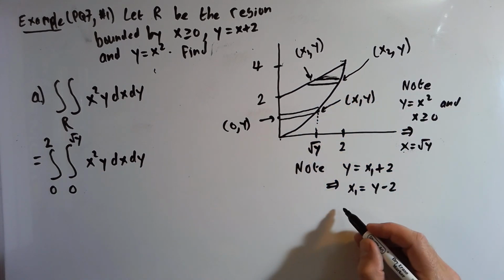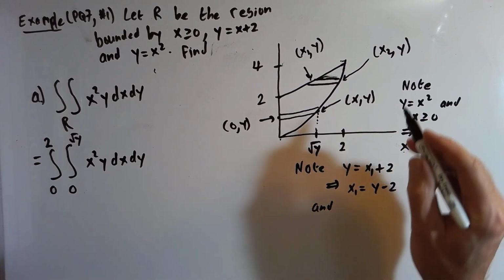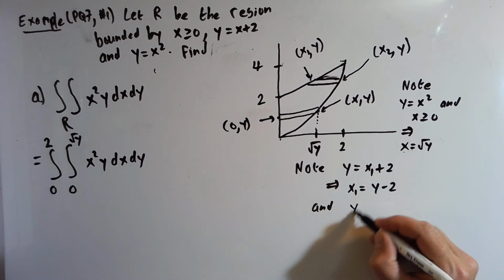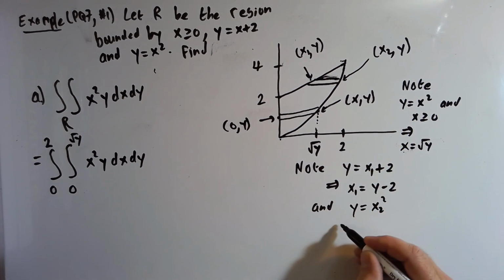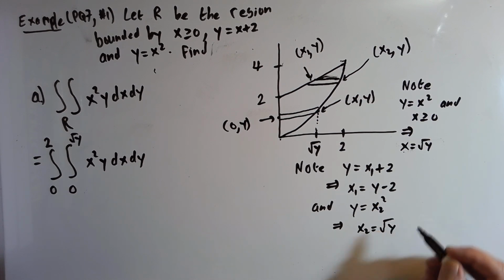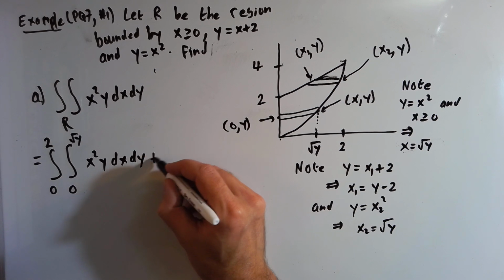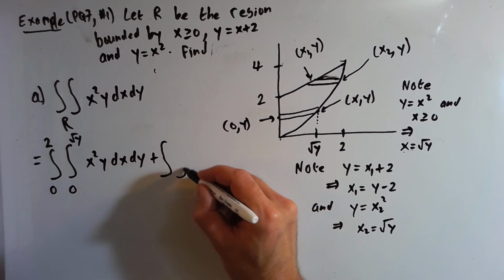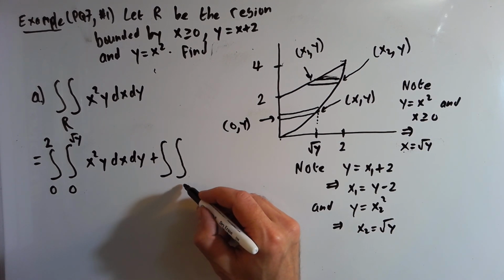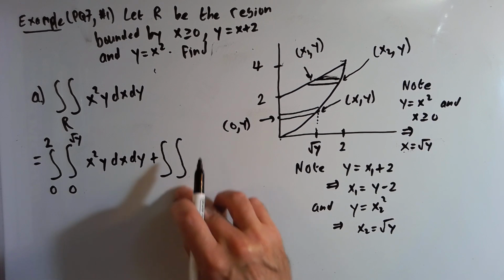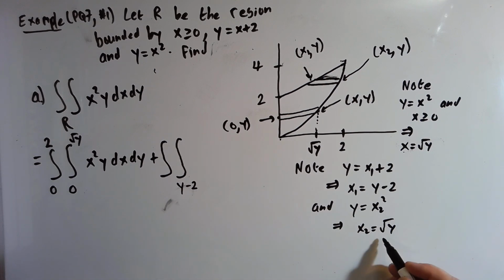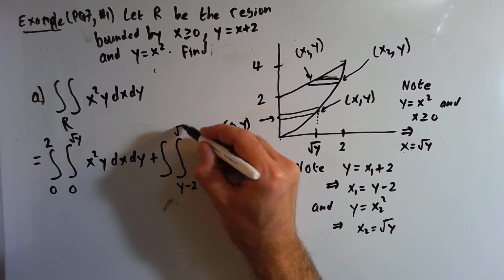Again, this guy's on the parabola. The parabola is given by this, so you'd have then y equals x2 squared. So then x2 would be square root of y. So this then would be plus a double integral, from your x1 here, y minus 2, up to x2, so it'll be square root of y.